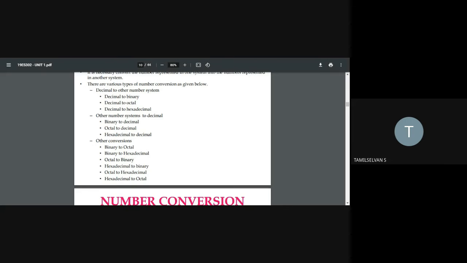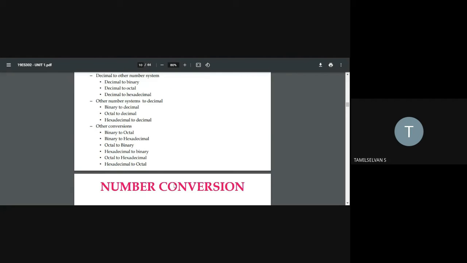The same methodology is followed in hexadecimal to octal conversion. First the hexadecimal value is converted into a binary value. That binary value is converted into an octal value, so that is also called the indirect methodology.